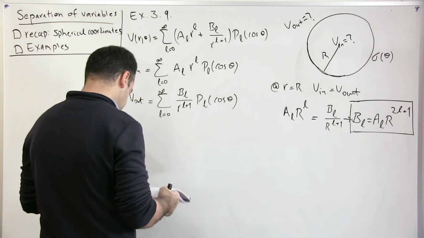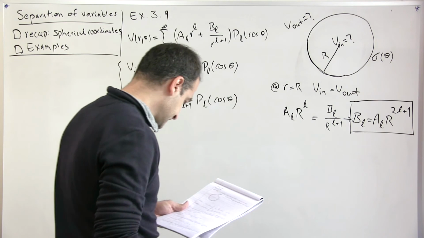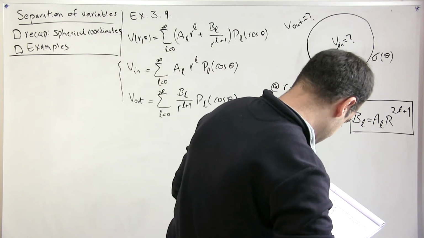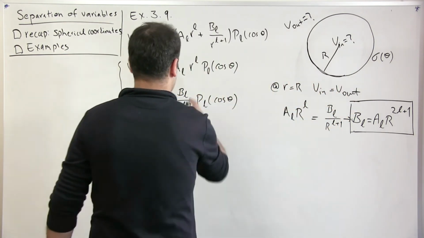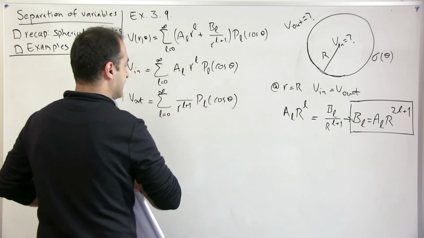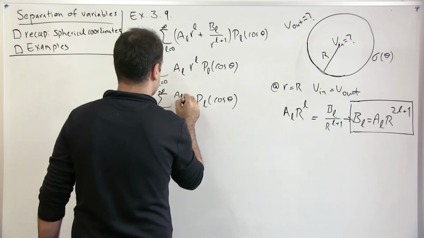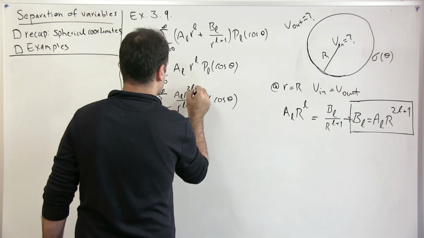So I can technically rewrite this, and for B_L I can use A_L times R to the power of 2L plus 1.